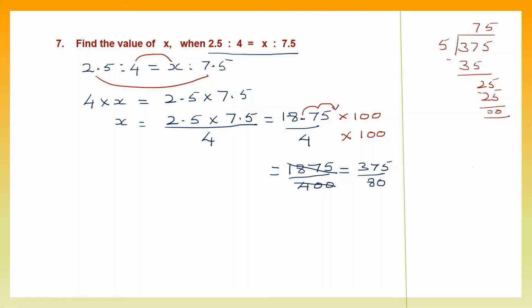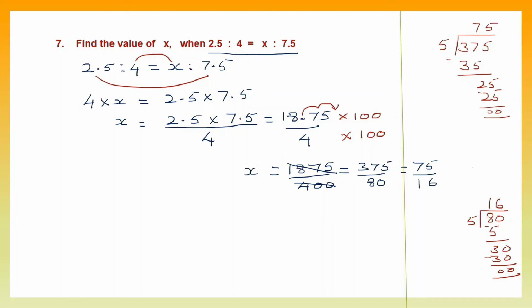So here this gives us 75. And let's divide 80 by 5. 5 1s are 5 minus 3, 0. 5 6s are 30. So that is 16. So 75 by 16 is what I get. X is equal to 75 by 16.